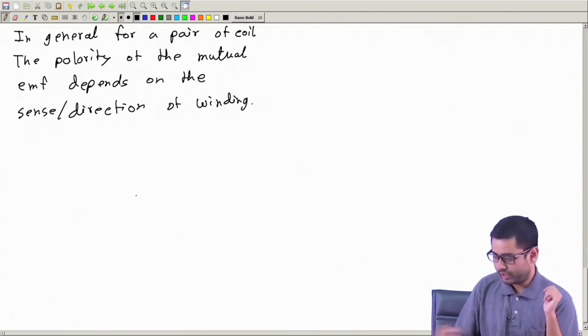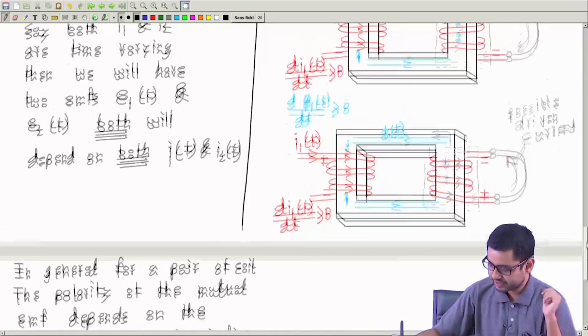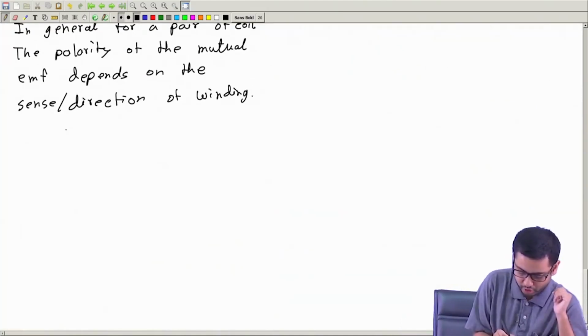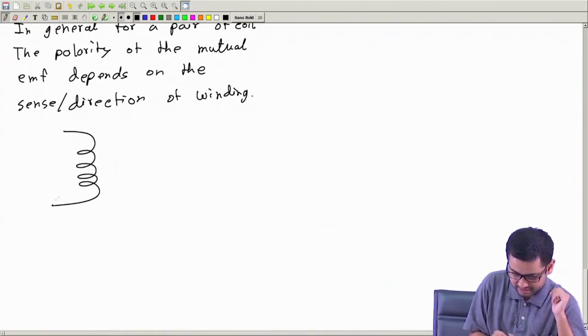Okay, so what we do, often sometimes, we draw the coils like this. You have seen it.